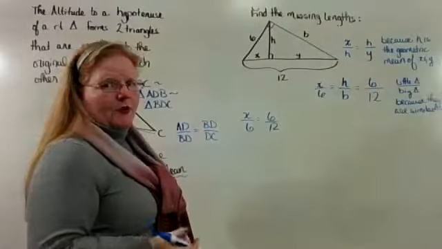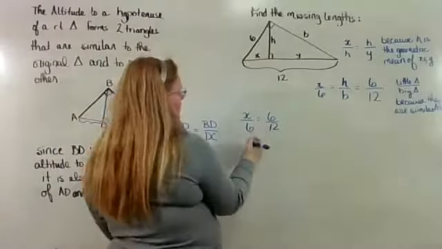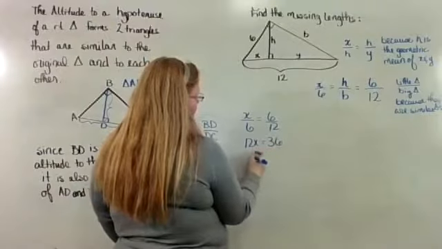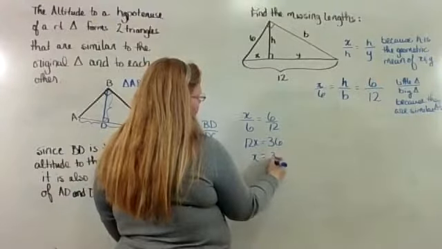In order to figure out what x is, I just do my little cross multiplying. So I get 12x is equal to 36. Divide both sides by 12. x must be 3.